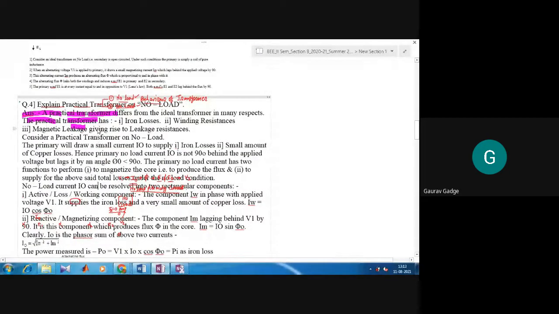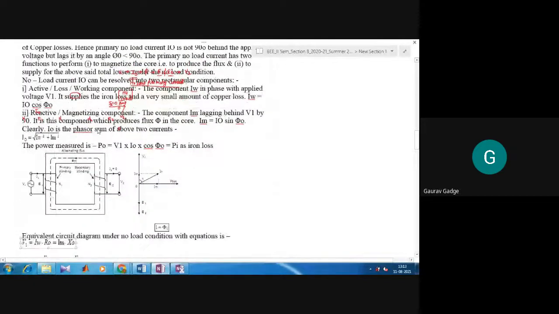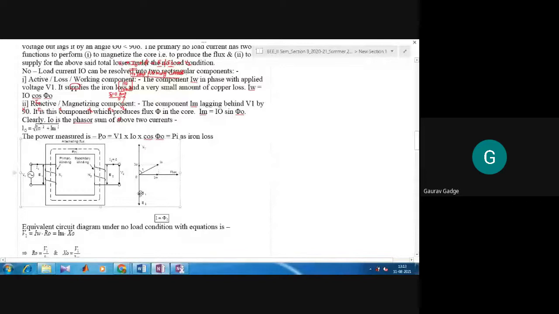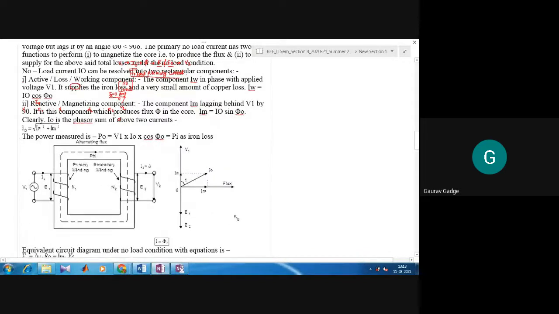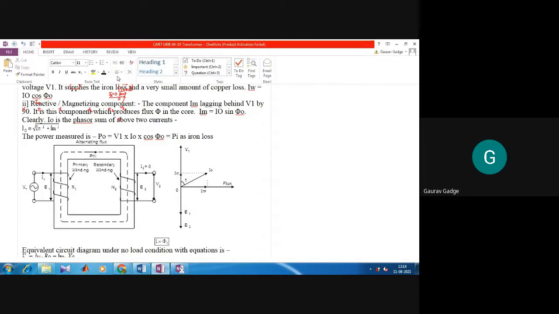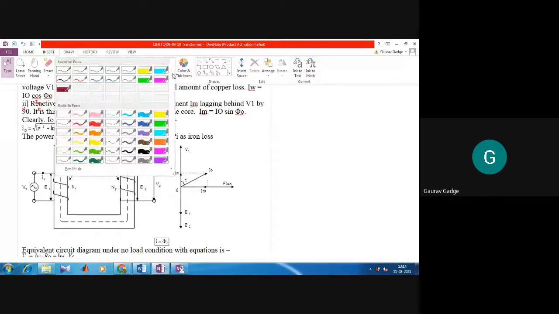So now the thing which I wanted to discuss is, as I told you, what is meant by no load condition. When a particular transformer has an open circuit situation, it means the secondary side of the transformer is without any load.